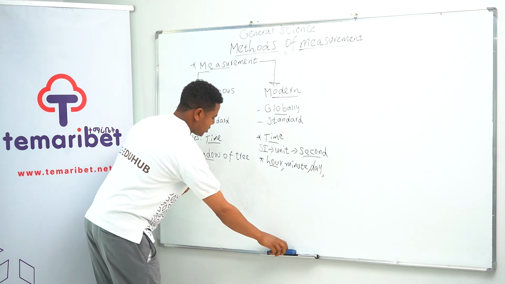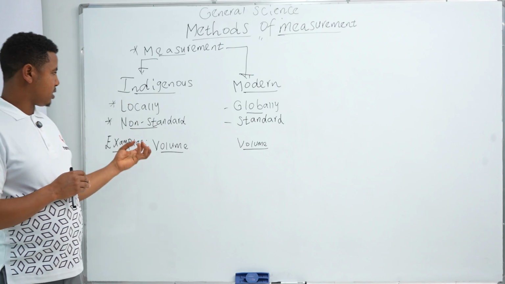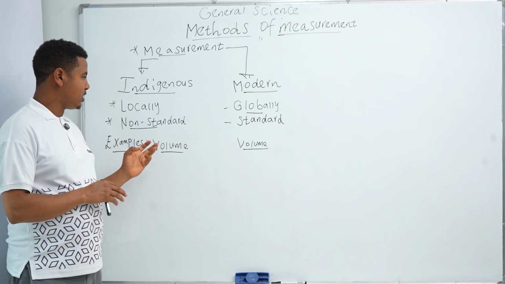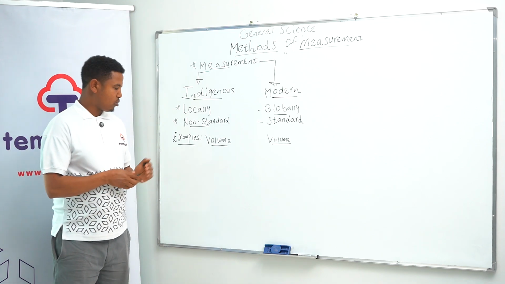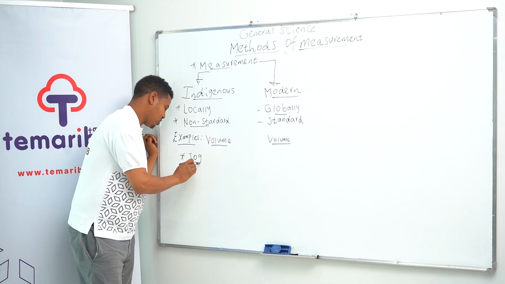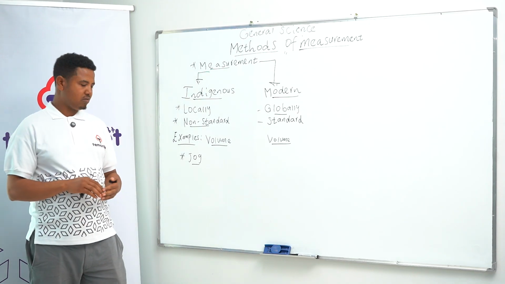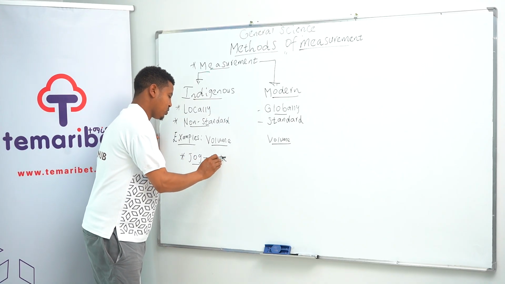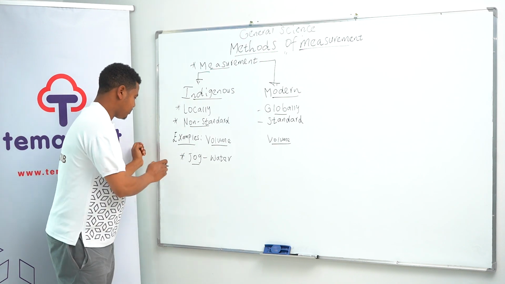And the last one for this part is volume. As we observed in the other units, there are also indigenous units of volume. The most common are like jug. We use it locally to measure the amount of liquid, like a jug of water, which is mostly made from glass and sometimes from plastic.